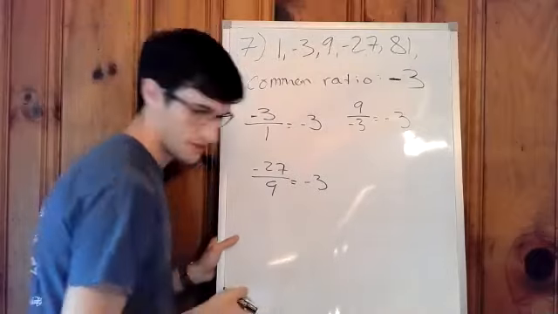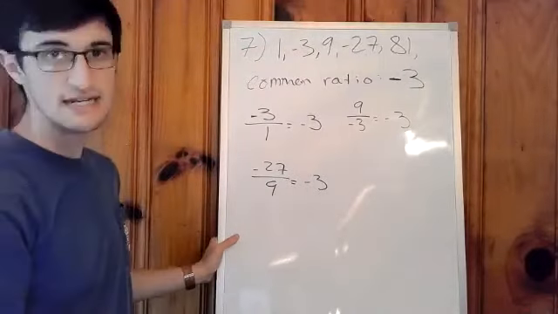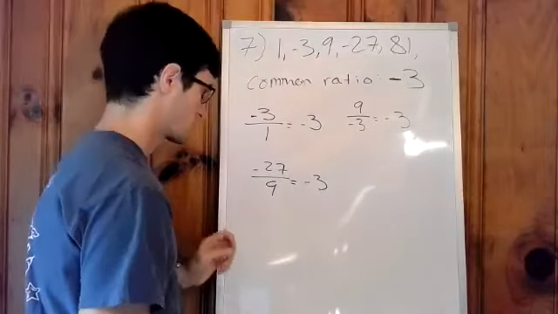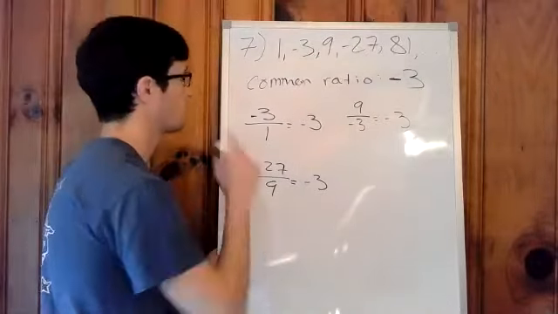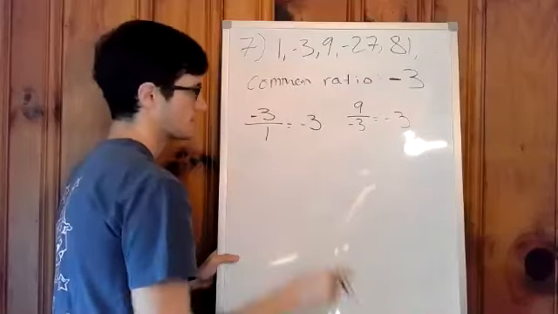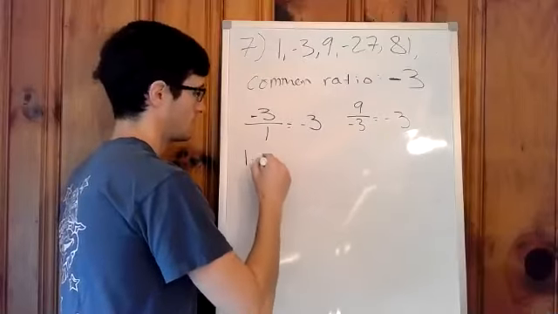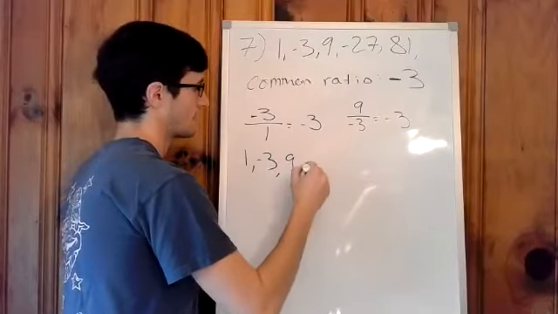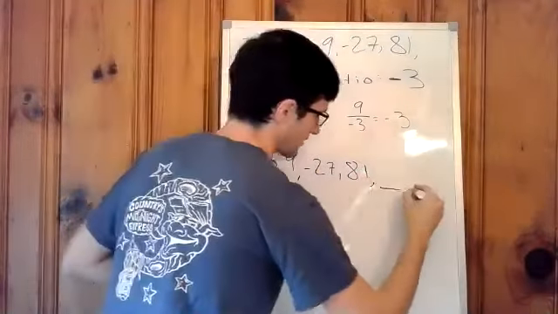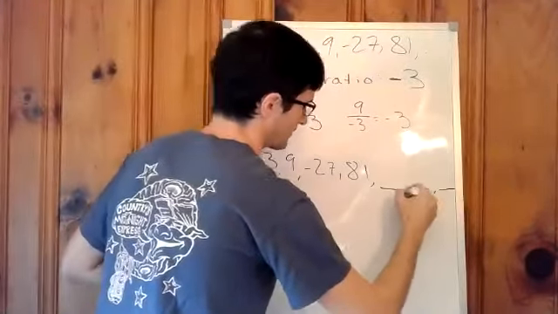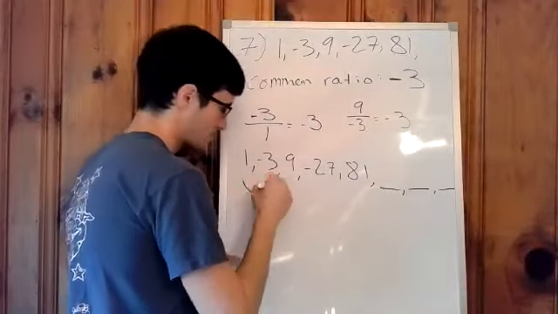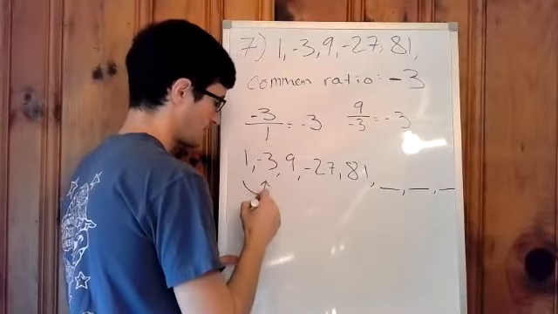Okay, and it wants us to find the next 3 terms in sequence. Okay, so let me erase this one real quick. So I have 1, -3, 9, -27, 81. I need to find blank, blank, and blank. Okay, now if I went from 1 to -3, I multiply by -3.